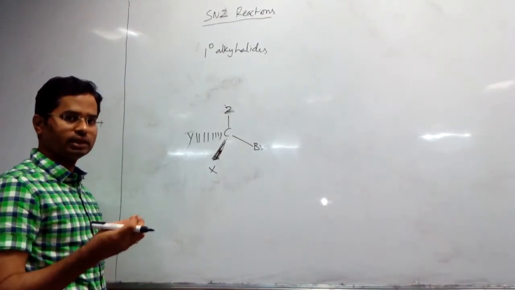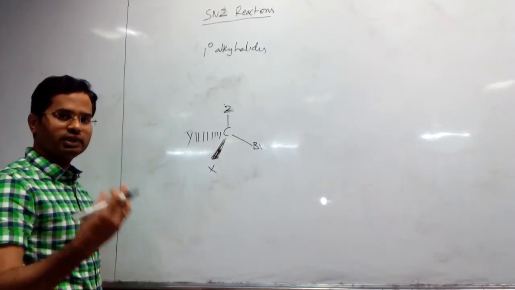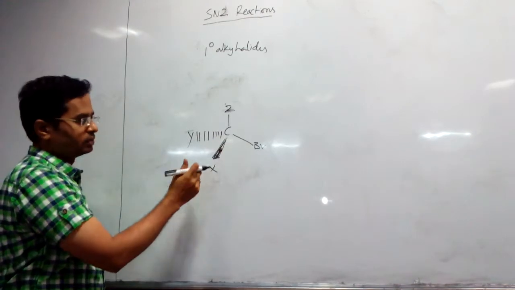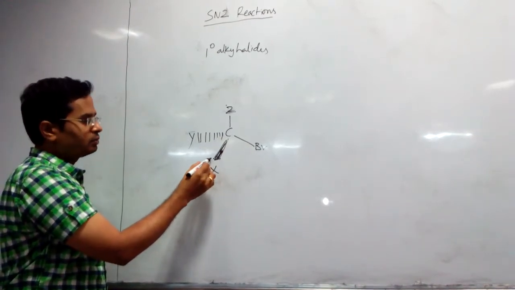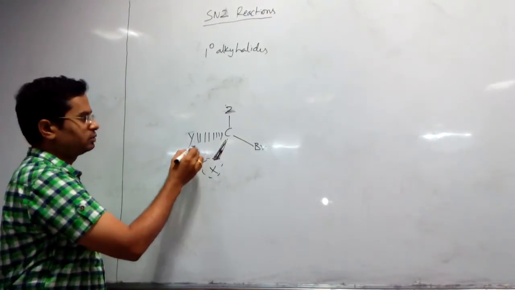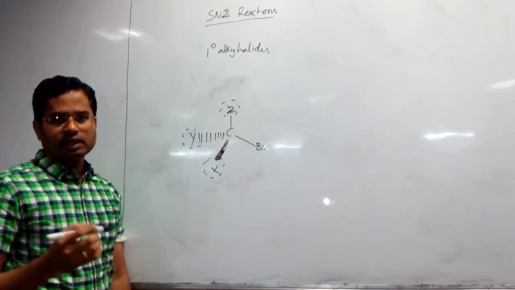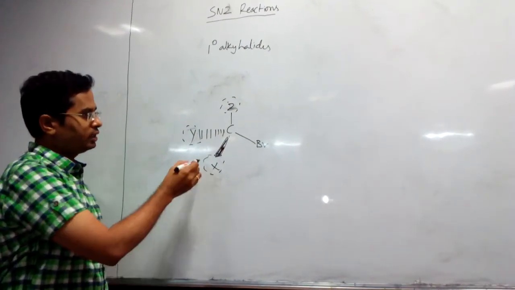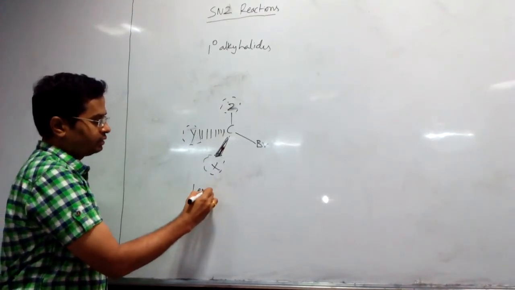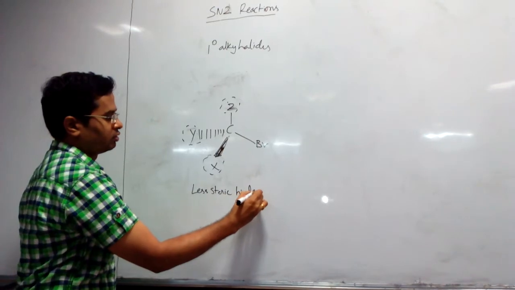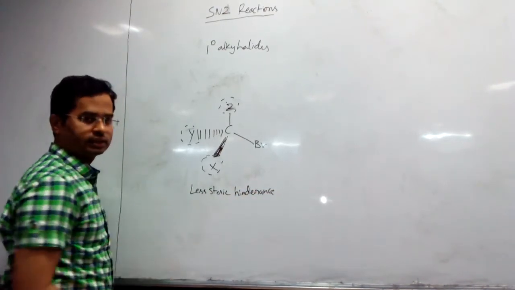An asymmetric carbon is a carbon which is attached to 4 different groups. Now this carbon is attached to 4 different groups, and assume these groups are small groups, not like in tertiary alkyl halide. So less steric hindrance.